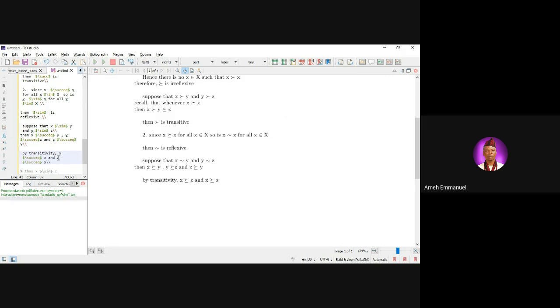By transitivity, X should be at least as good as Z, and Z is at least as good as X. So we can reverse it.